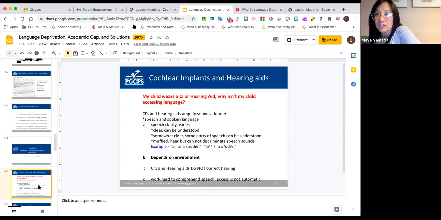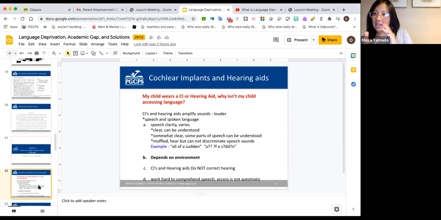My daughter wears hearing aids sometimes. She's not there yet. Okay, I have many friends who wear cochlear implants. And then I have friends who don't wear anything. And it's okay. You know why? As long as they're getting access to language, that's good. That's all that matters.